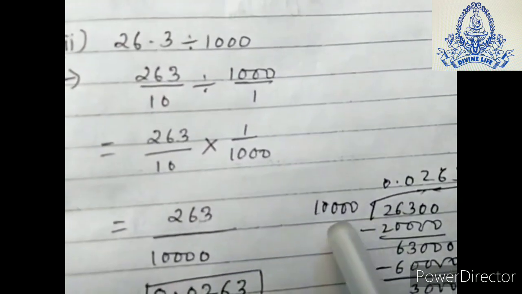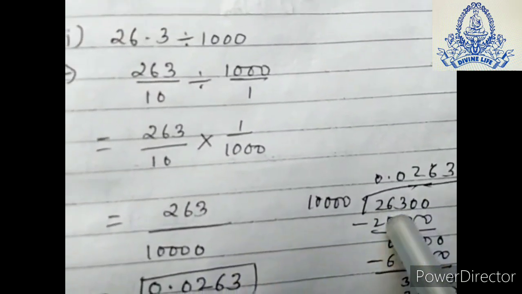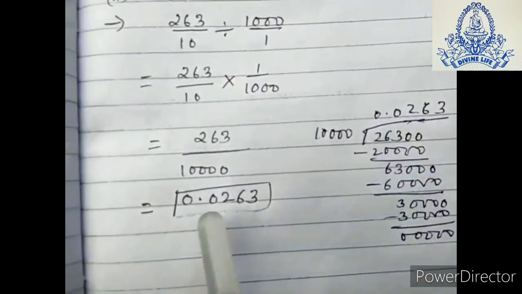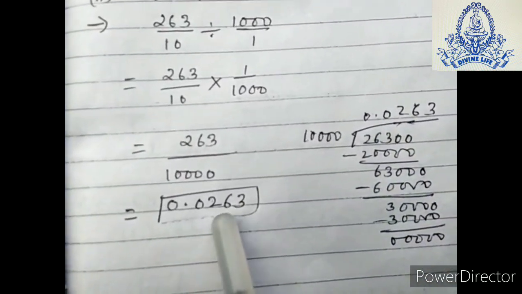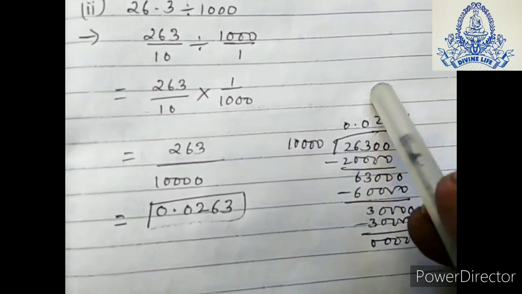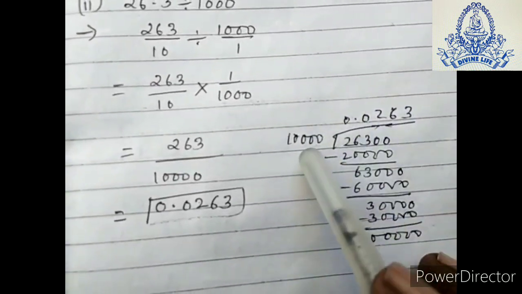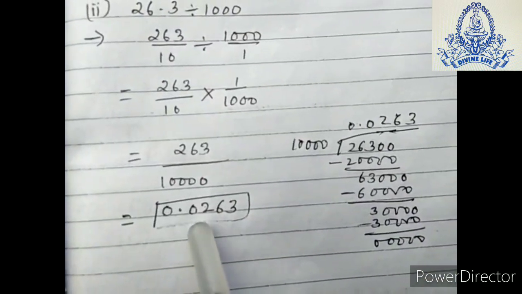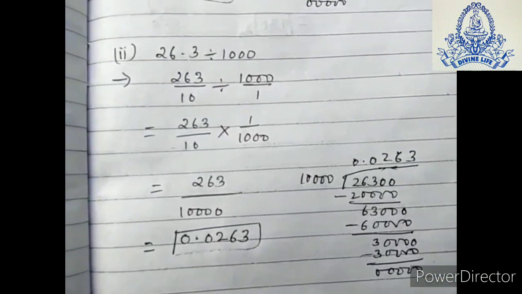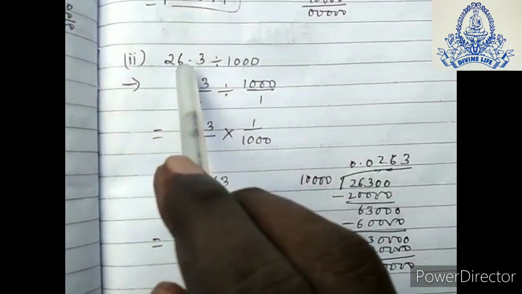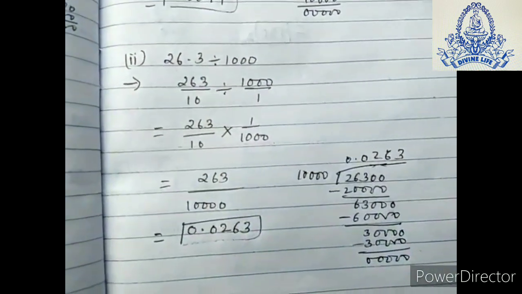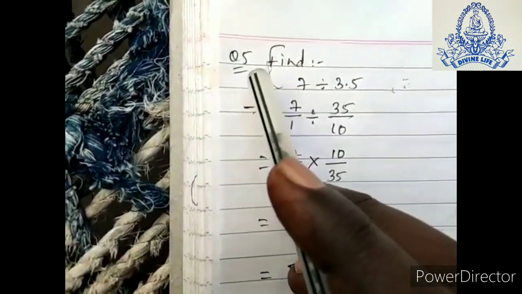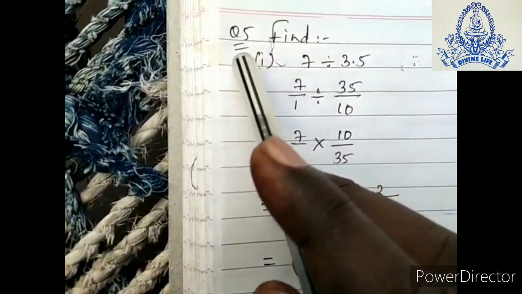So after dividing 263 by 10,000, we get the final answer, 0.0263. 0.0263 is the final answer of the division of 26.3 by 1000. We have got to the last question of exercise 2.7, question number 5.